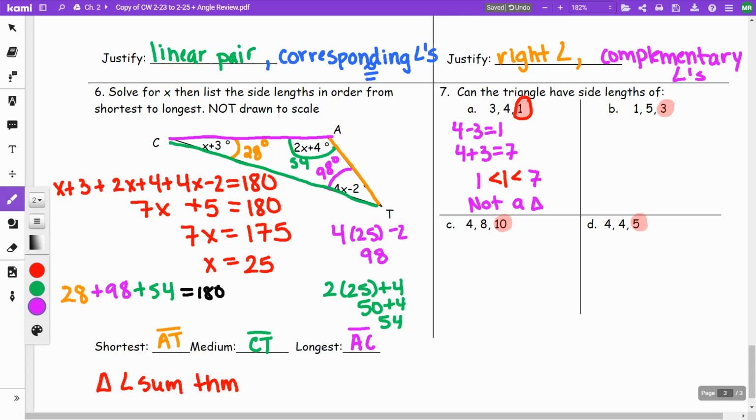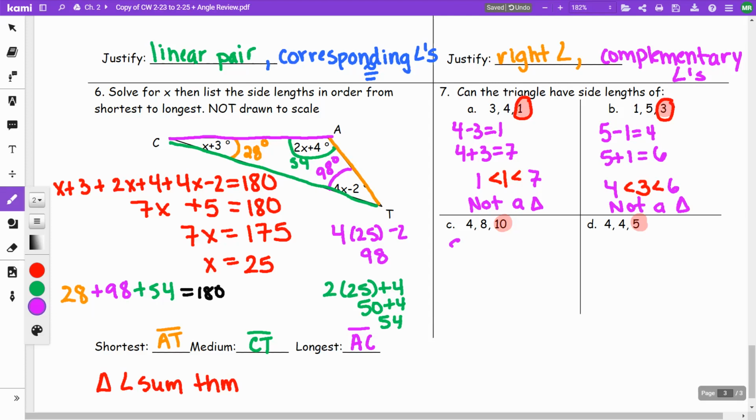On my next one, I'm going to do 5 minus 1 is 4. 5 plus 1 is 6. Okay. And then my 3, which is this one here, has to be in between those two numbers, 4 and 6. And it's not. So this is not a triangle.